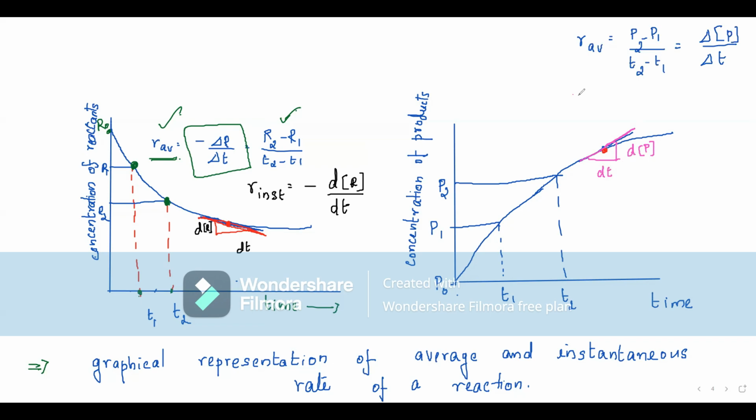So R instantaneous is equal to d by dt of P, the change in concentration of product with respect to time.